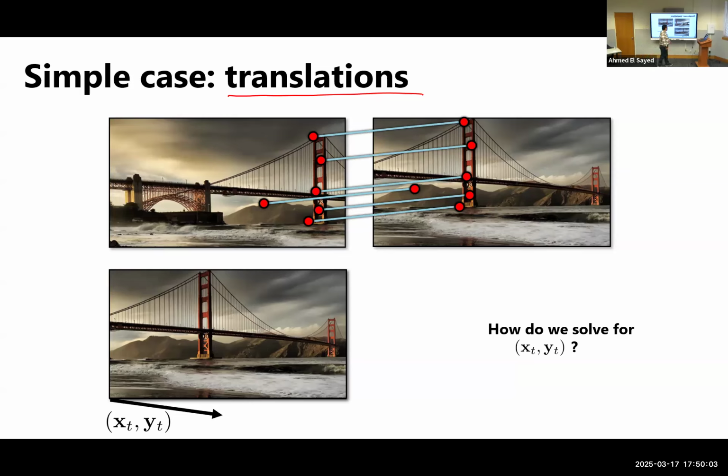We said simply, this is called x1, y1, and this is called x1 dash, y1 dash. Simply subtract them from each other. This is a translation, right? So x1 dash minus x1 should give you the translation. Right? y1 dash.